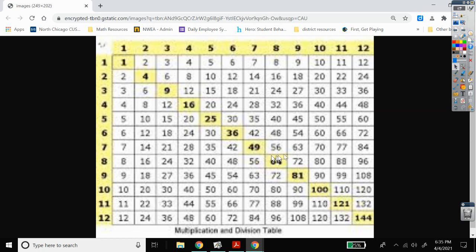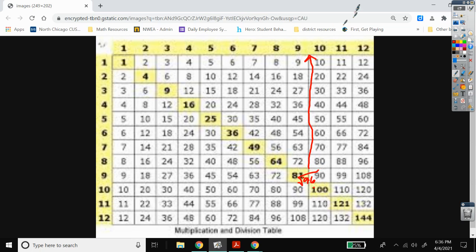If I wanted to find the square root of 96, then 96 is somewhere between 81 and 100, so the square root of 96 would be somewhere between 9 and 10. How to get closer to that is something we're going to do a little bit later. For right now, you just have to know what two whole numbers it will be between.